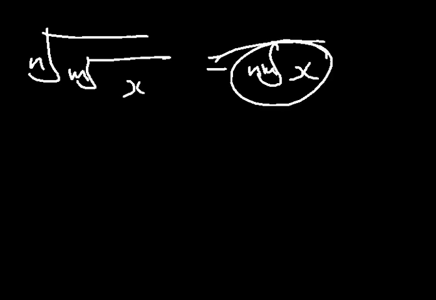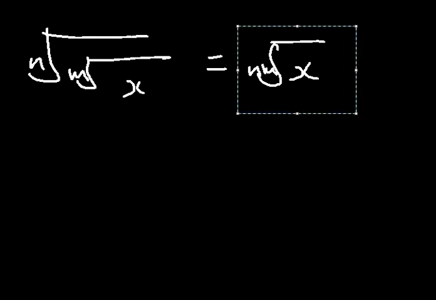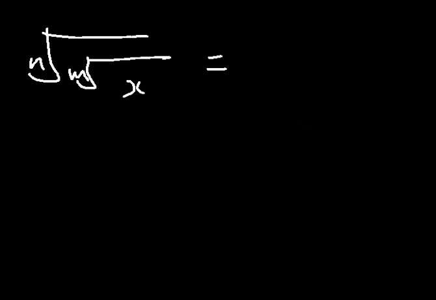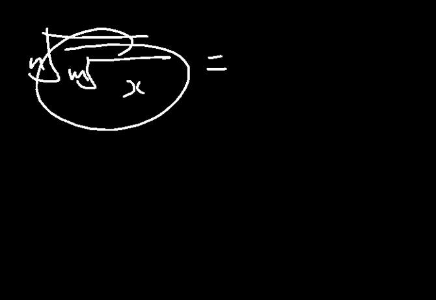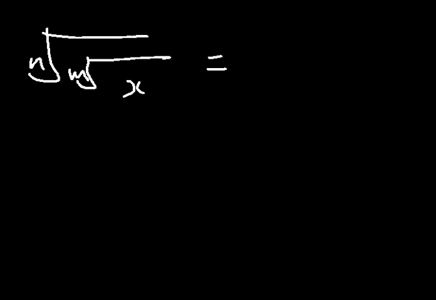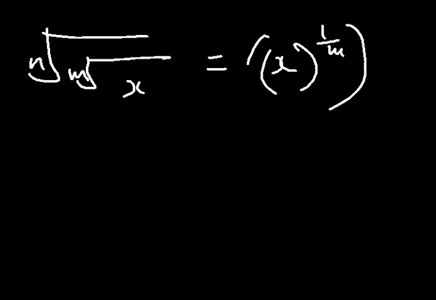What is the practical way to see this? Using the laws of indices, this is the same as x to the power 1 over m, and the overall to the power 1 over n, and using the power distribution law, we'll have x to the power 1 over mn.